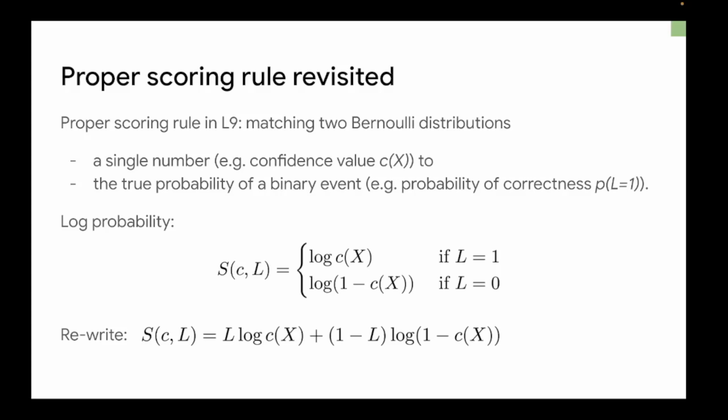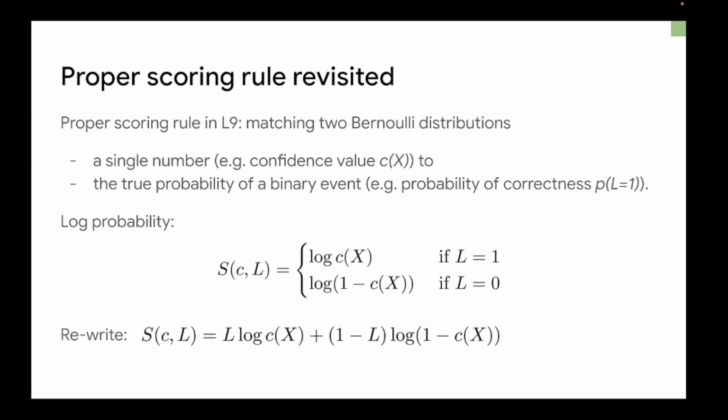In lecture 9, two lectures ago, we looked into proper scoring rules, but at the time we defined scoring rules for binary predictions. So C of x, for example, is a single number indicating your confidence for the positive prediction, and L is a binary event telling you whether the model gets the prediction right on this sample or not.